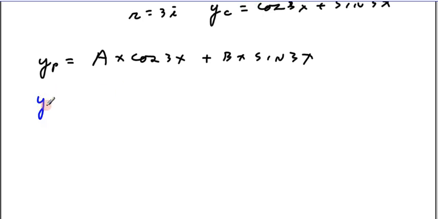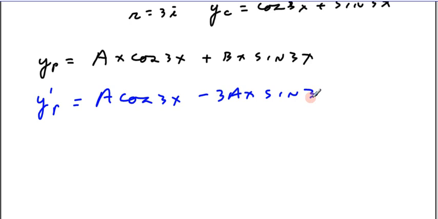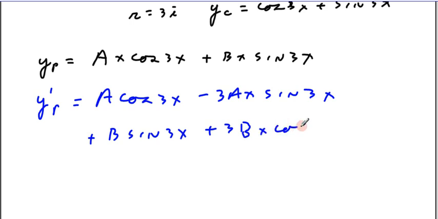Okay, so y prime p is a cosine 3x minus 3ax sine 3x plus b sine 3x plus 3bx cosine 3x.